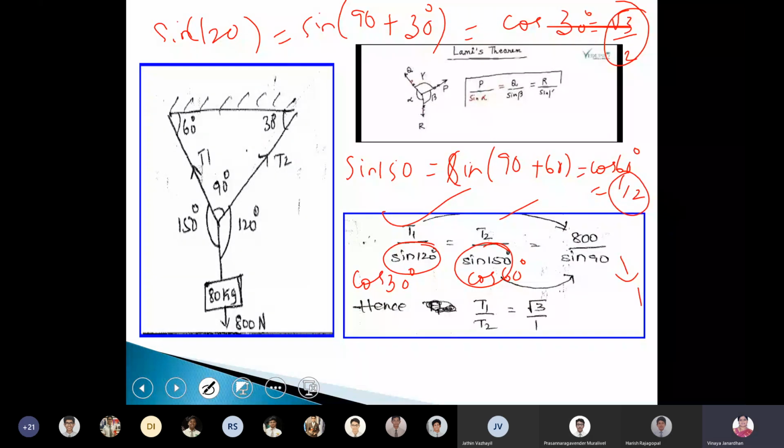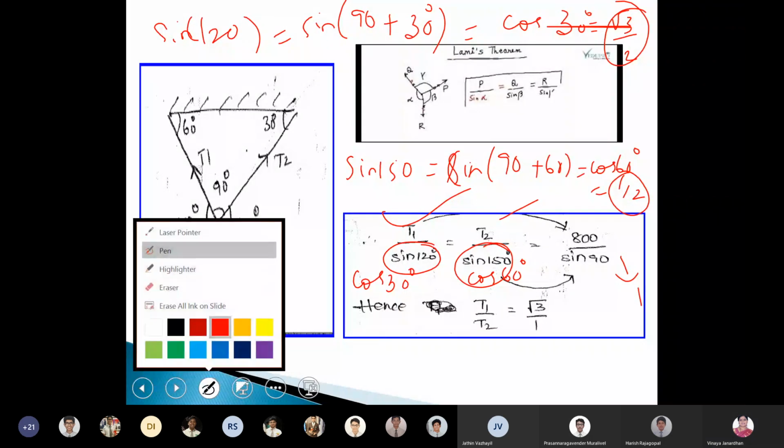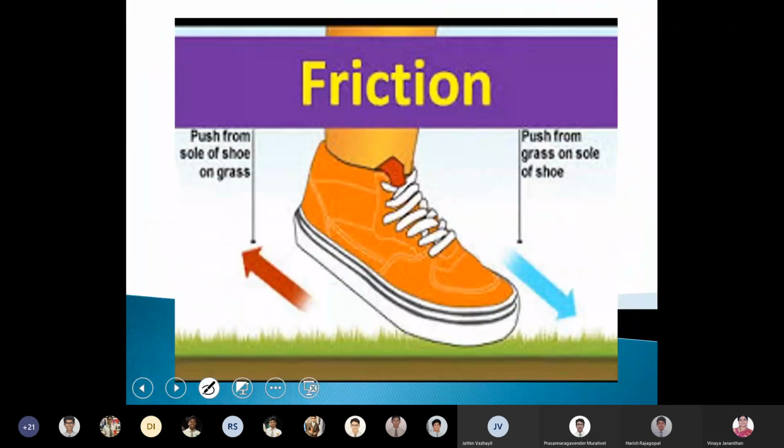Once you have completed, just inform me that I need to go to the other one. I'm done. Okay. We'll start with friction. Just write the subheading friction.